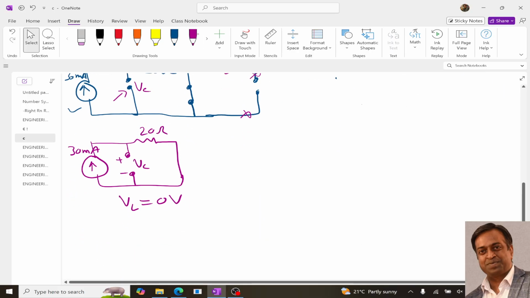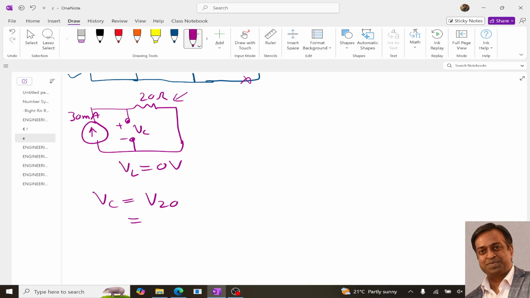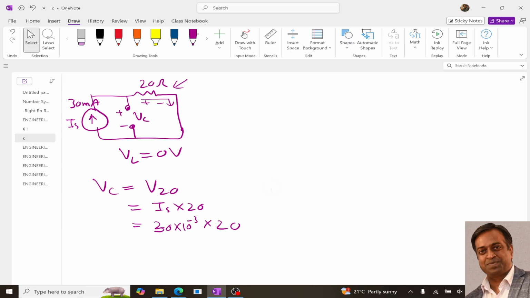Now what is our VC? Our VC will be the voltage drop across this 20 ohm. So VC is equal to the voltage drop across 20 ohm, means this I into 20, right? So this is the current with plus and minus. So it will be 30 into 10 power minus 3 into 20, right?